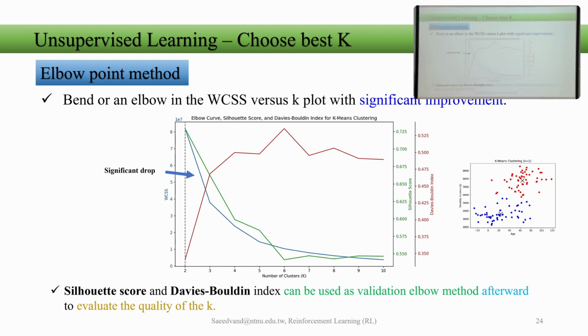In coding, you can simply get the argmax of the decrease. Create a for loop, calculate the WCSS metric for each case, and get the argmax of the decrease. Then you can see that 2 to 3 is decreasing, then 2 is the elbow point, that's it.